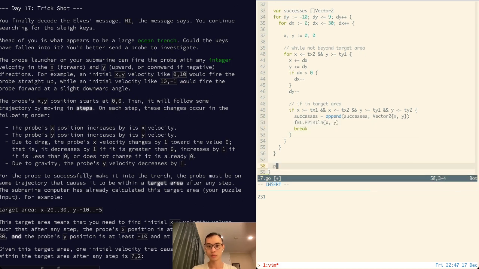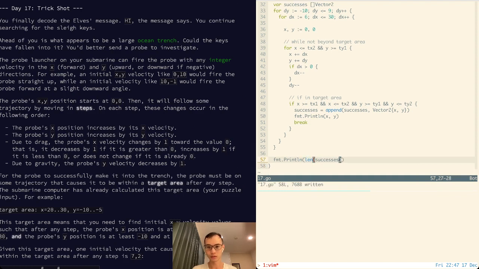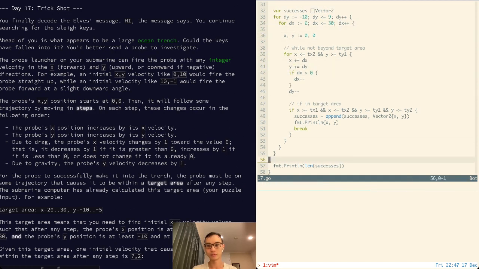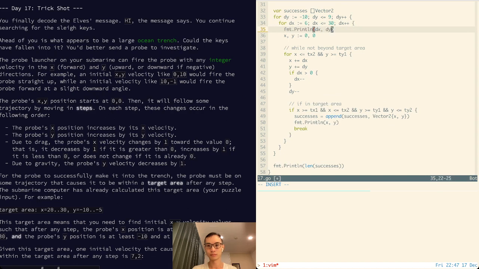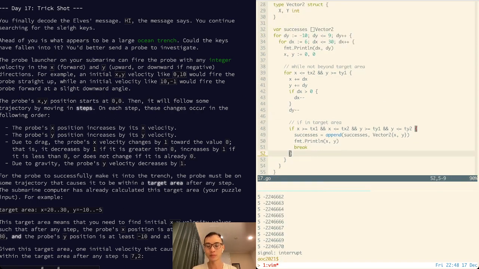And then here we print len of successes. Oh, it's going to take a while. Okay, nope, never mind. I'm doing something wrong.